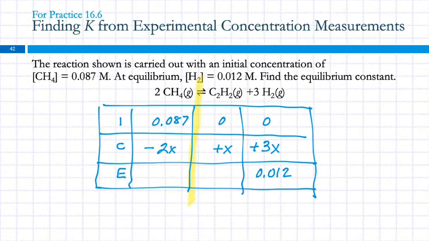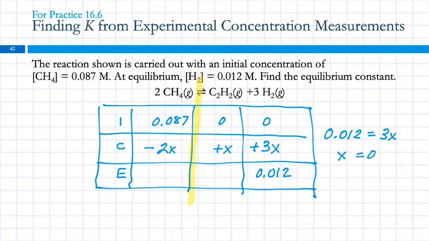So then we can figure that x must be 0.012 divided by 3, because 0.012 is equal to 3x.